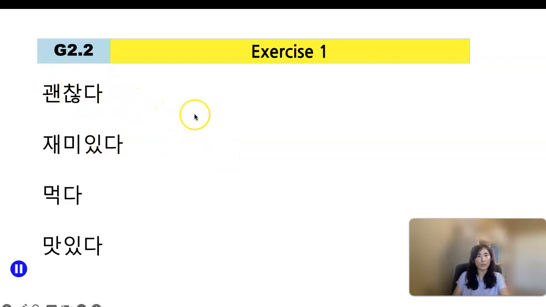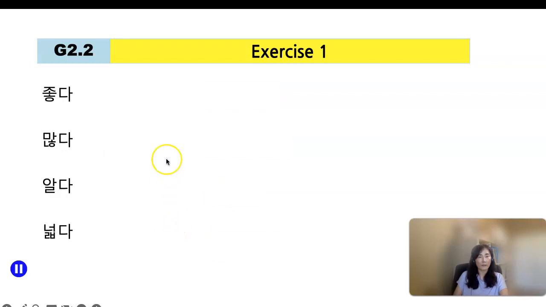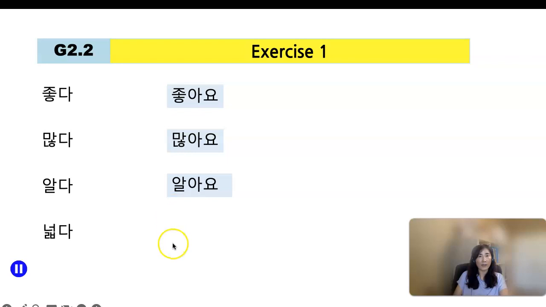How do you conjugate 괜찮다? 괜찮아요. 재미있다? 재미있어요. 먹다? 먹어요. 맛있어요. 자, 좋다. 좋아요. 많아요. 알아요. 넓어요. So far so good?